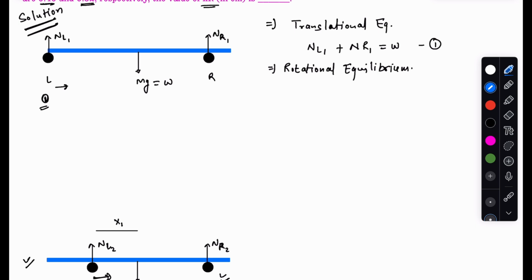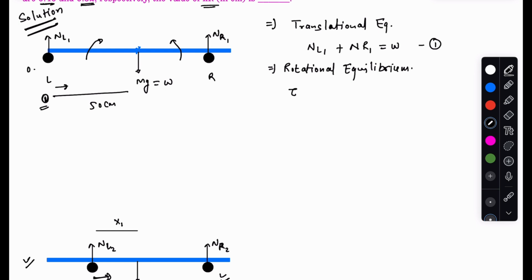It is not rotating about any axis, so it should have torque 0 about any axis. So let's take this as the axis of rotation and find the torque about this point. This will apply a clockwise torque and this will apply an anti-clockwise torque.